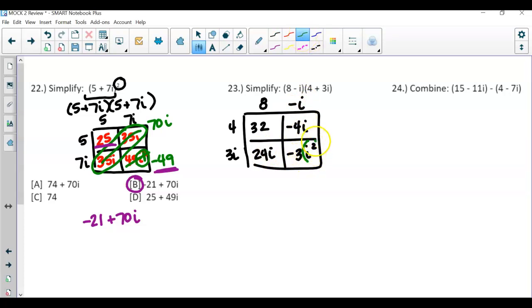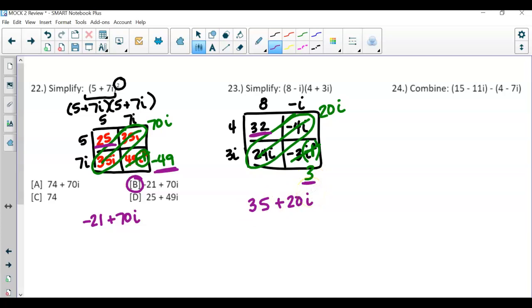Then again, notice here, i squared is negative 1. So a negative times a negative is now a positive 3. Then we do have like terms. We have our two imaginary, 24 minus 4, which is 20, so 20i. Now I can combine 32 plus 3, 35 plus 20i.